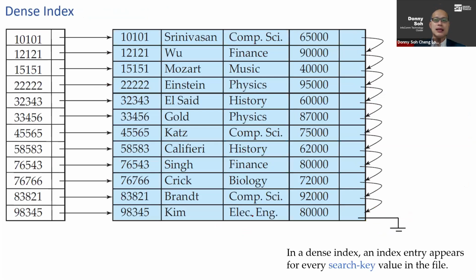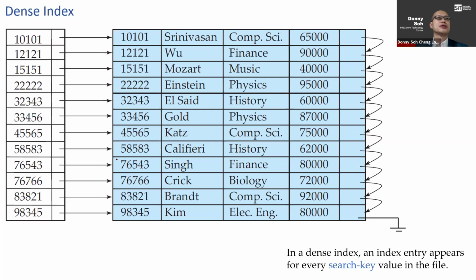Okay, so let's look at a few ways to describe indexes. This is known as a dense index. In the dense index, the index entry appears for every single search key value in the file.